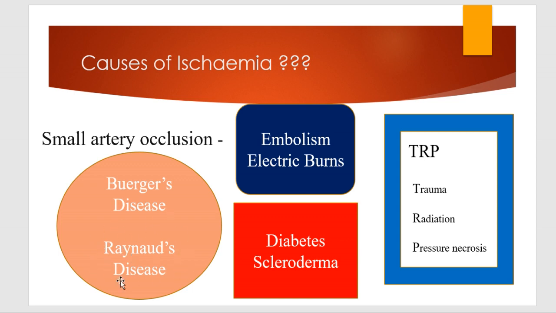Raynaud's disease usually affects the upper limb and Buerger's disease usually affects the lower limb. And one of the common predisposing factors for both conditions is smoking. Smoking is especially for Buerger's disease, and in Raynaud's it is cold temperature, right?